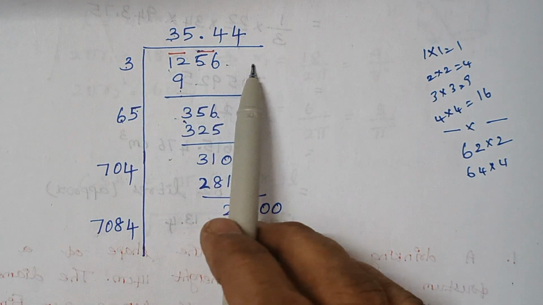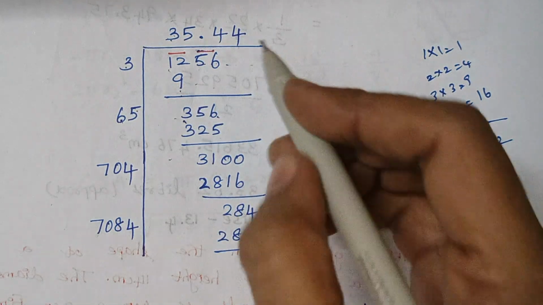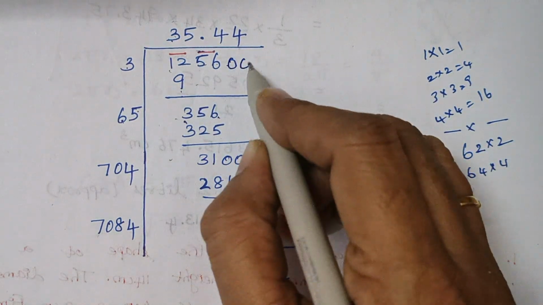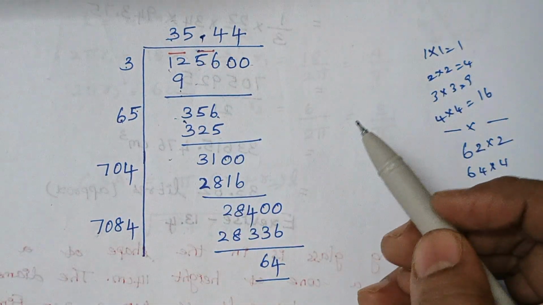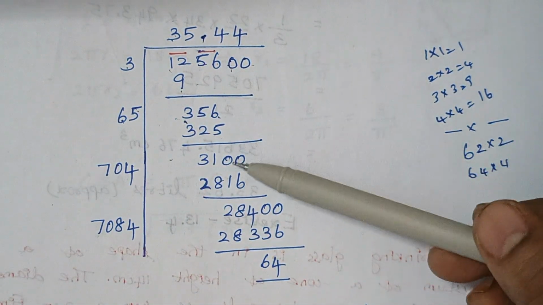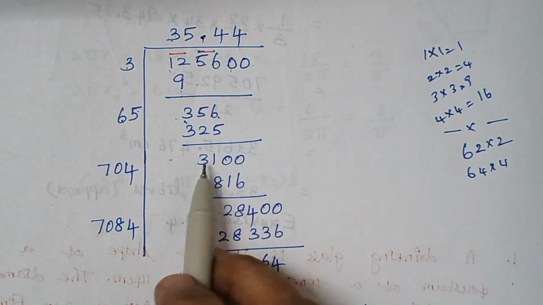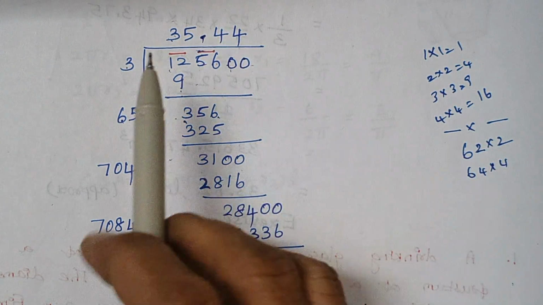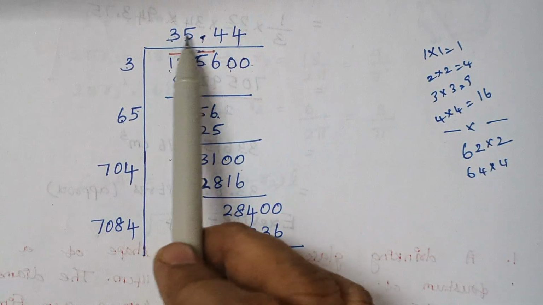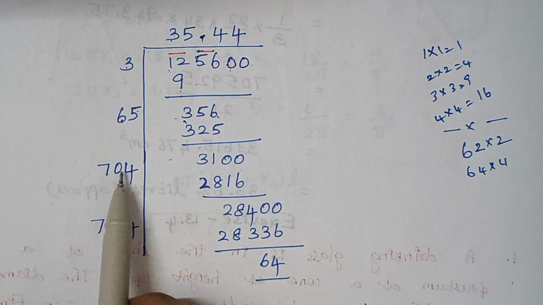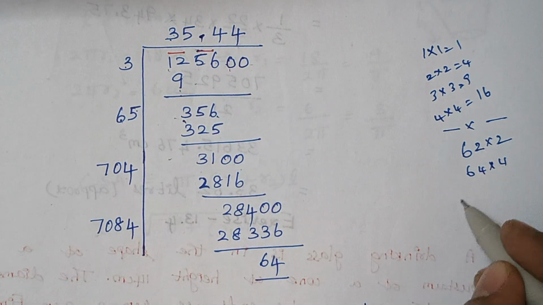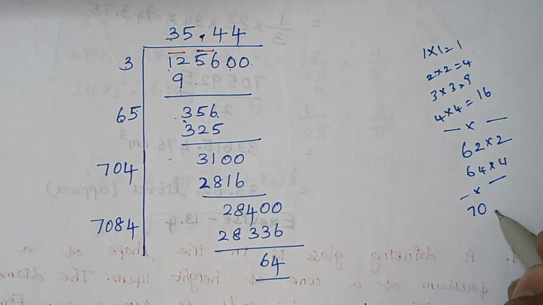Now you have no digits to bring down, so we simply add zeros, and I keep a decimal point here. Now I bring the zeros down, so it makes the number 3100. Again you go upward, here we have 35. 35 into 2 is 70, so write down the number 70 here. Again the same criteria: we have 70, and here you have to add a number.